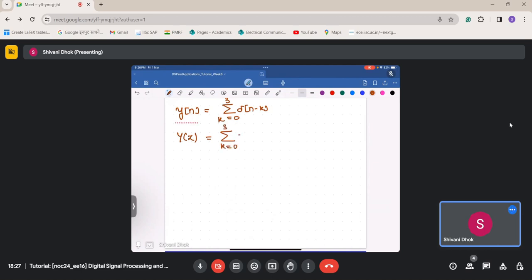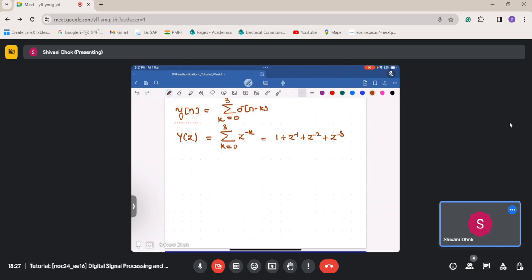Therefore, due to linearity, y of z is the sum for k from 0 to 3 of z to the power minus k, which I can write as 1 plus z inverse plus z to the power minus 2 plus z to the power minus 3. So this is my y of z.